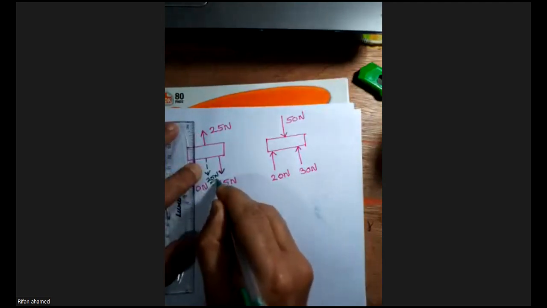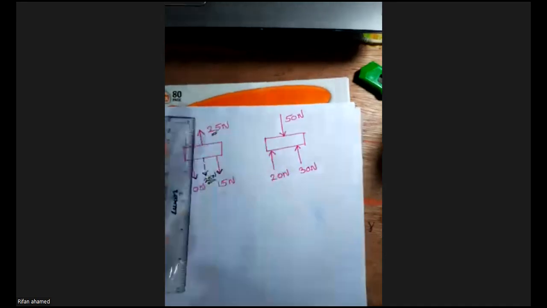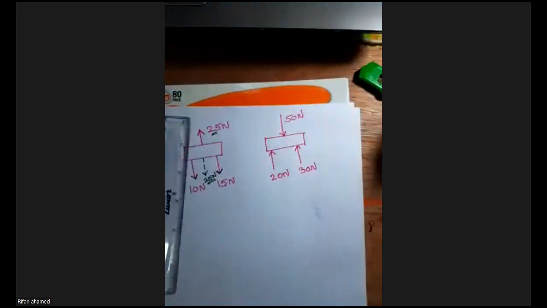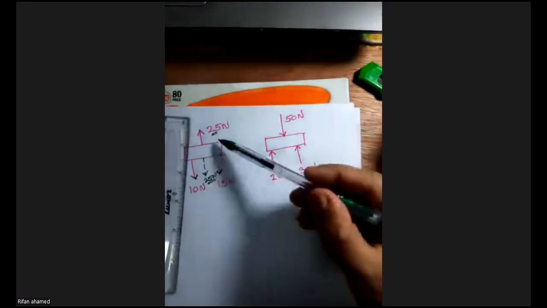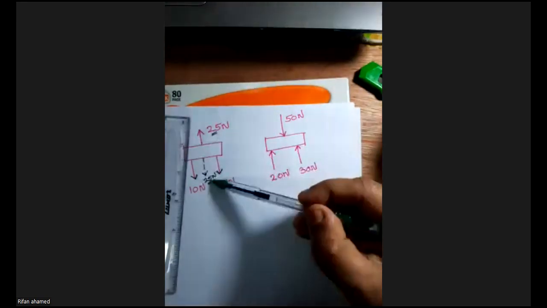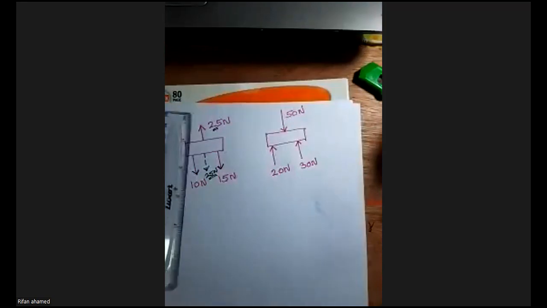This 25 Newton and this 25 Newton are equal. This 25 Newton and this 25 Newton are opposite. They are in the same line of action.